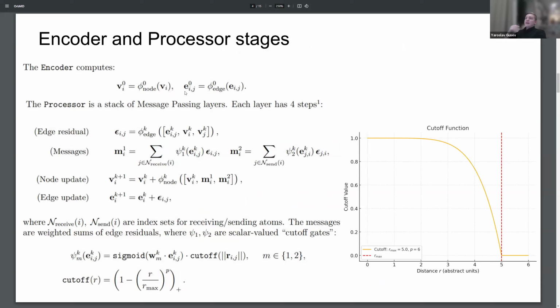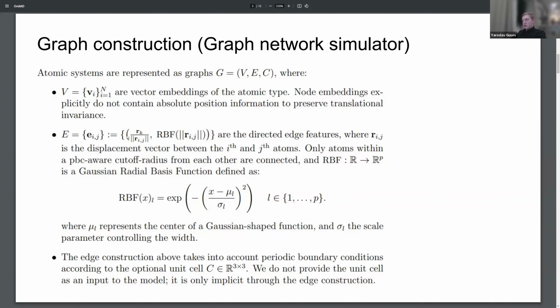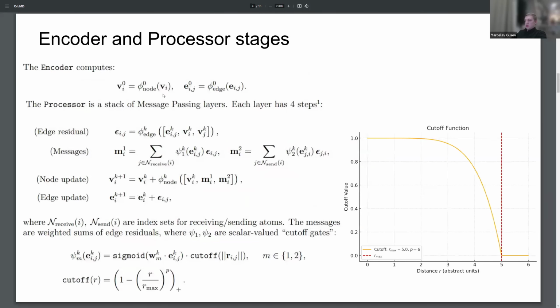All right, and then the first stage they introduce, the encoder part, is that we start with some embedding. As I understand, they can do the vertex embedding by atomic number or some numbers that describe a particular atomic type, but then they map it into some latent space, presumably with more dimensions.